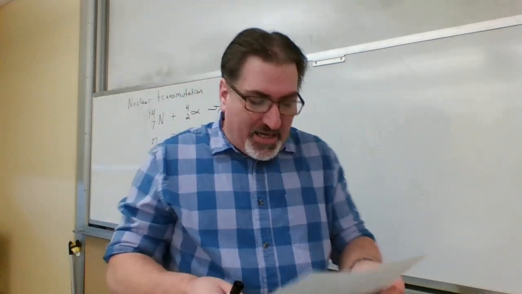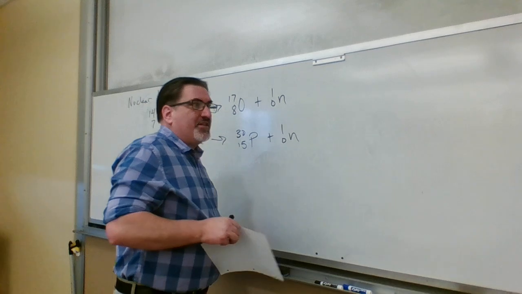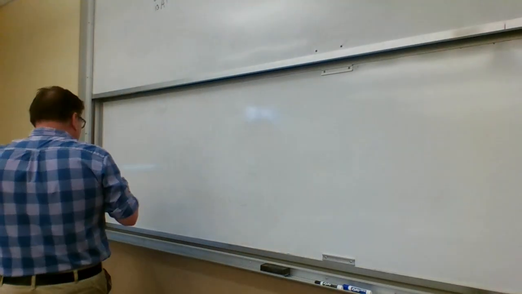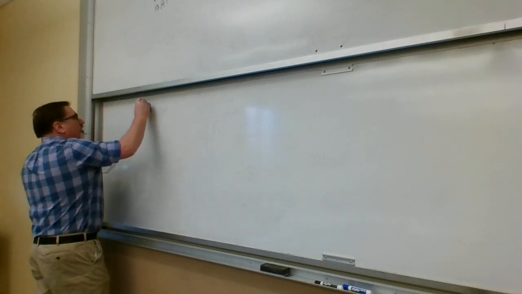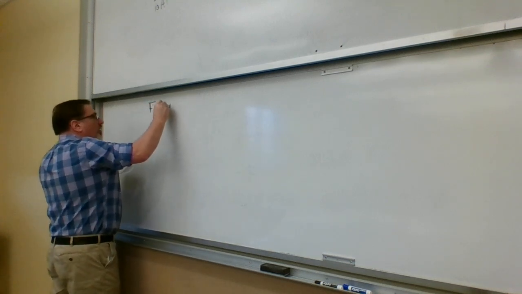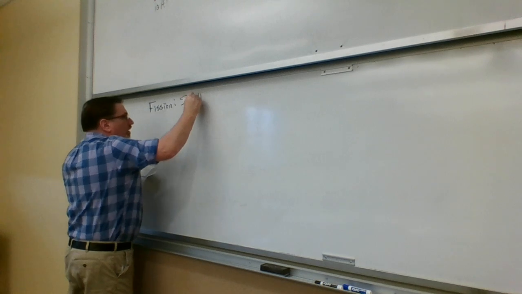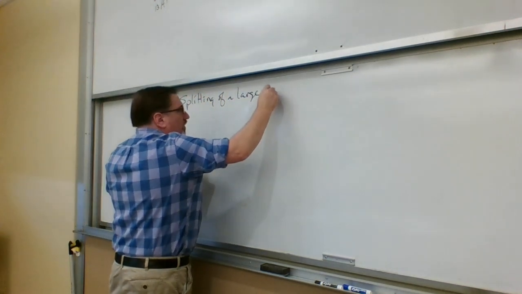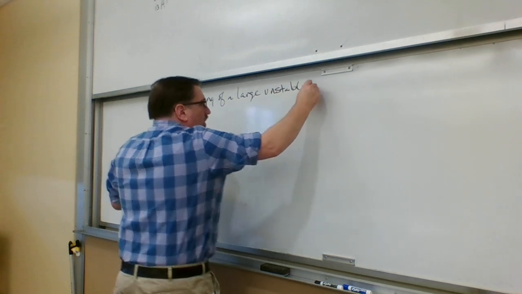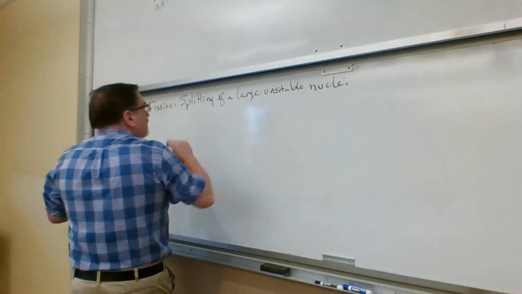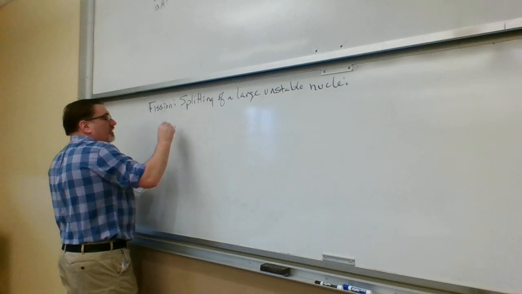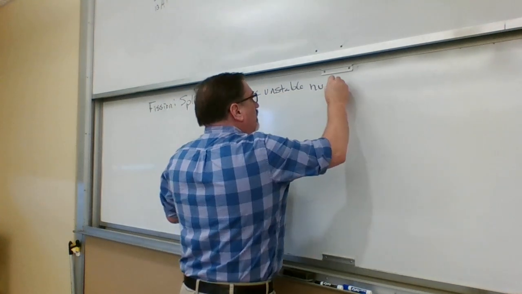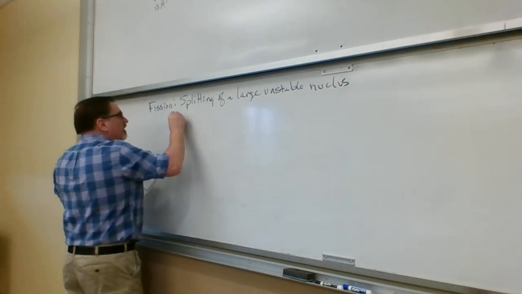Now, beyond transmutation, we have nuclear fission. Fission occurs when a big nucleus becomes two smaller ones. So, splitting of a large unstable nucleus into two smaller ones.